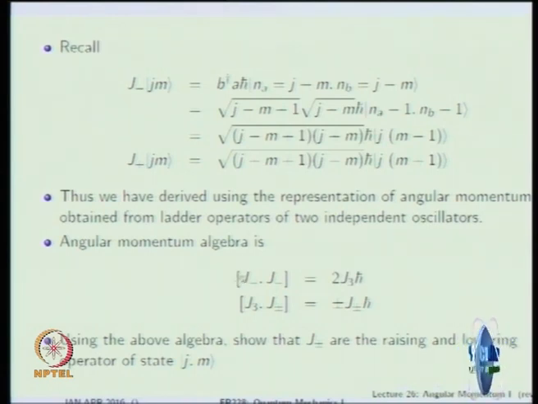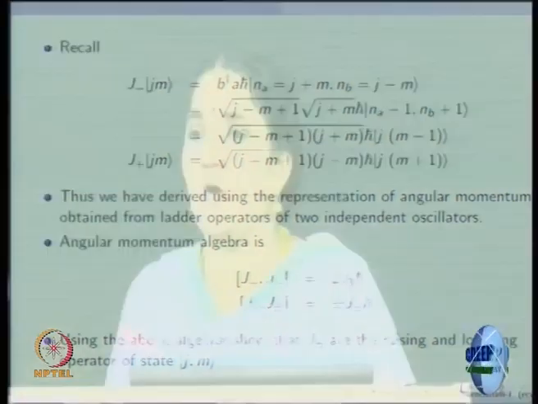What you could do is, just like we did for the harmonic oscillator algebra, this is for you to check, we will discuss this on Friday. Independently take it to be a simultaneous eigenstate of J dot J and J3, which is J comma M. Use this algebra to figure out that J plus and J minus will change the M by plus or minus 1, and we need to fix the coefficient.